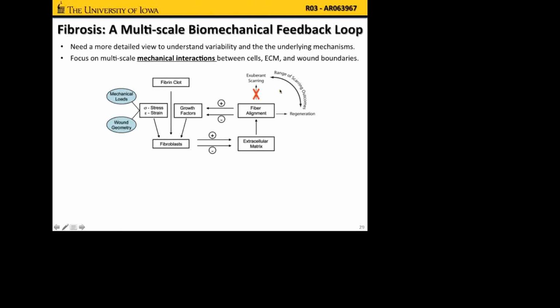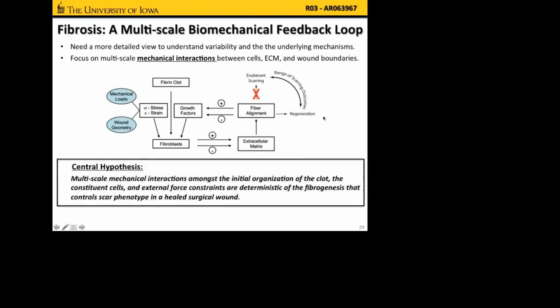And so the central hypothesis of this proposal is that these multiscale mechanical interactions amongst the initial organization of the clot, the constituent cells, and the external force constraints are deterministic of the fibrogenesis that controls scar phenotype in a healed surgical wound.